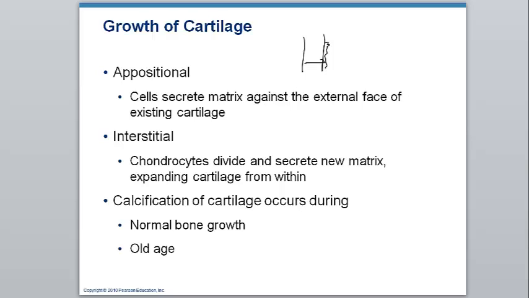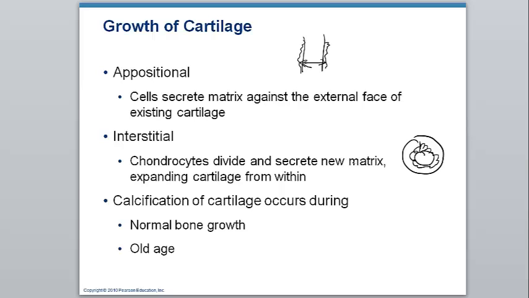So the diameter is going to be increased if you have growth from the side, right? So that is appositional. That's what it says, external face of the existing cartilage. The interstitial is within. So the expanding is within, not from outside, but from within.